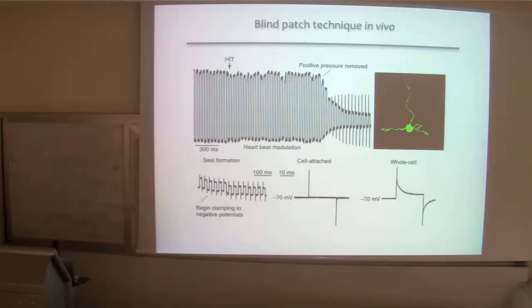So when you say, okay, I'm 400, 600 microns under the surface, are you? Is the first question. Because if you're just pushing the brain down as you go, it may look like 400, but you're actually 250. So it's a really important point that I would stress to anyone doing this: try and recover every cell that you possibly can, to really know that you are at the depth and recording from the cell types that you say you are.